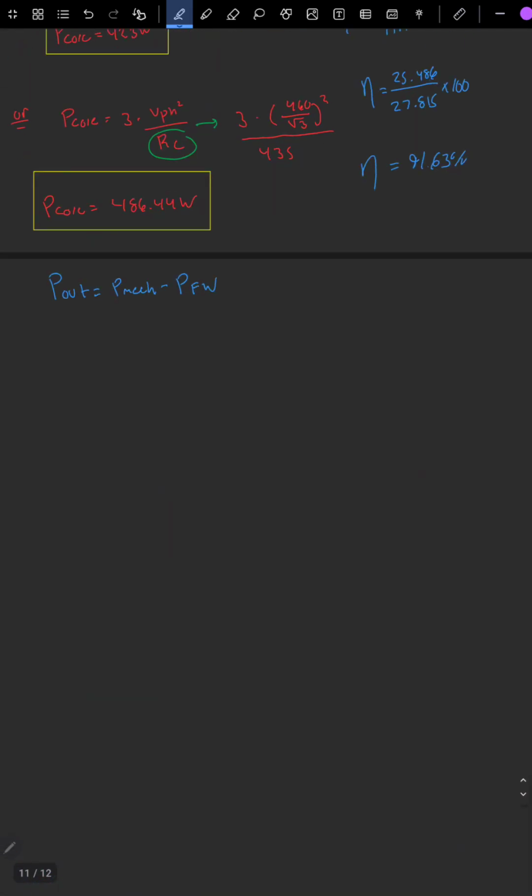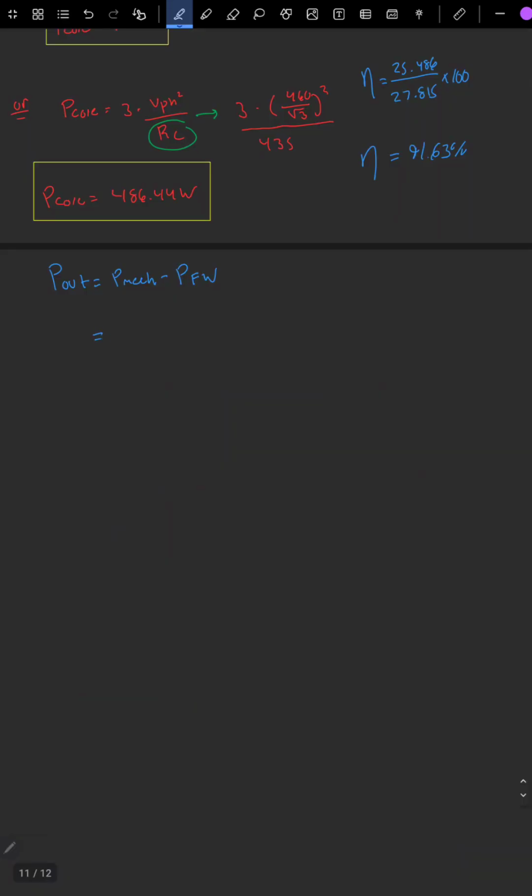So basically you're going to take that mechanical power and subtract the windage losses and friction. So your P out is going to equal 25.486 kilowatts. So now your efficiency makes more sense. I apologize again. I kind of just pulled that equation from my notes because I calculated them before.